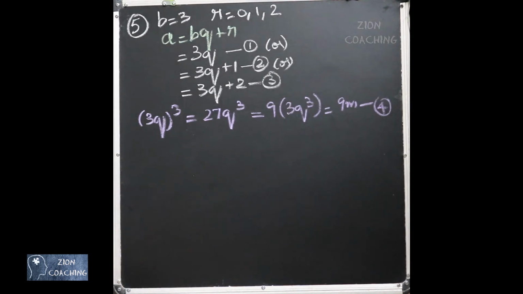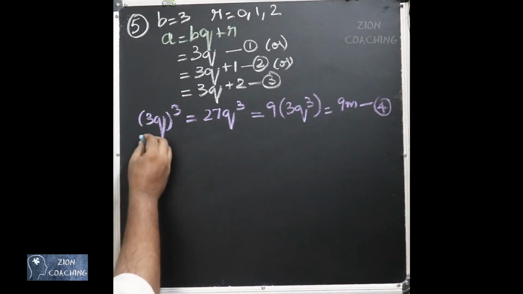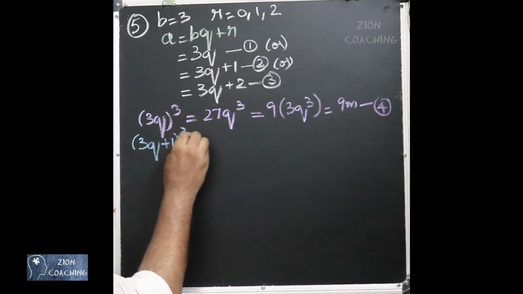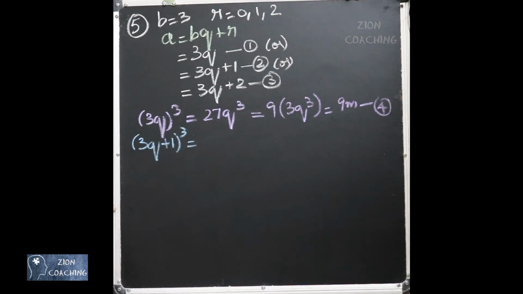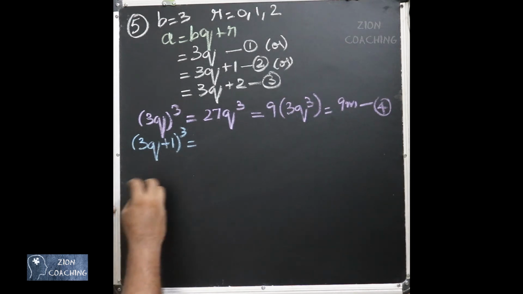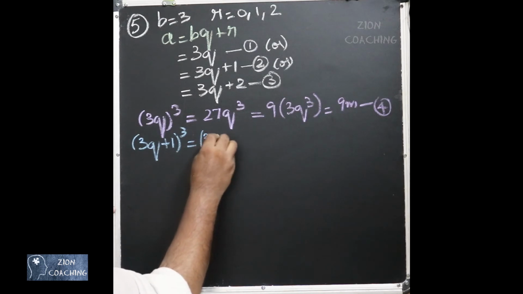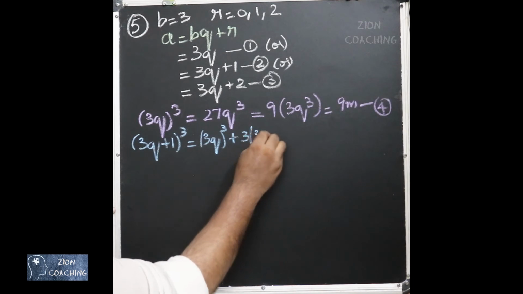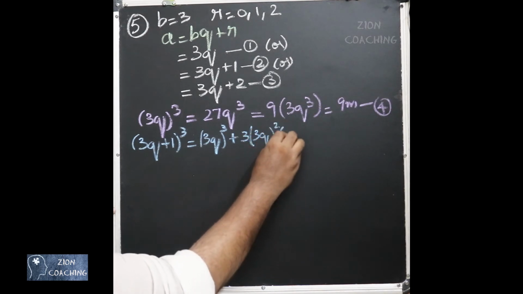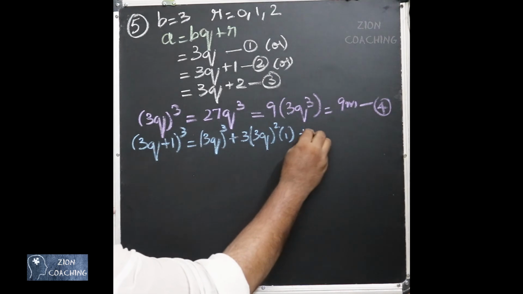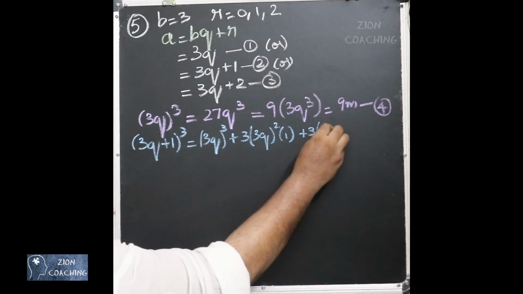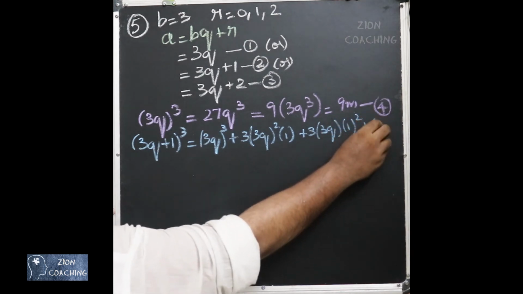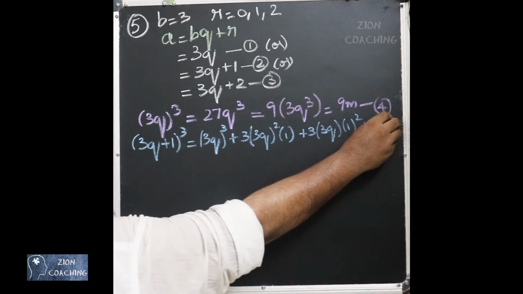Now we are going to cube the next one. The next one is 3q plus 1, the whole cube. We are going to cube this using the formula a plus b the whole cube, which is a cube plus 3 into a squared, that is 3q squared, into your b value, plus 3 into your a value into b squared, that is 1 squared, plus b cube, that is 1 cube.